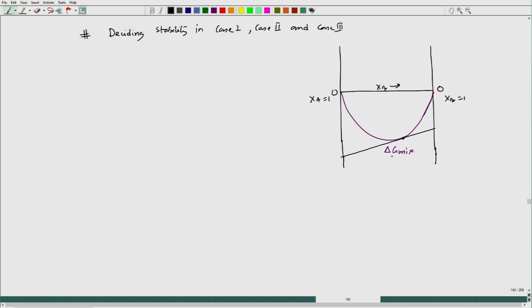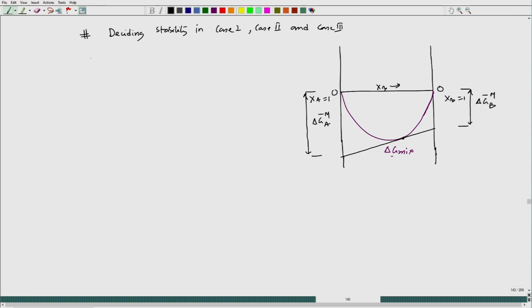So, this length becomes delta G bar M B and this length becomes delta G bar M A. Fine.